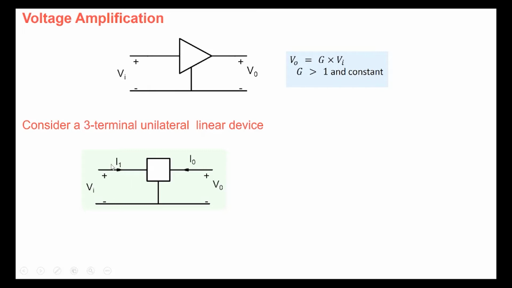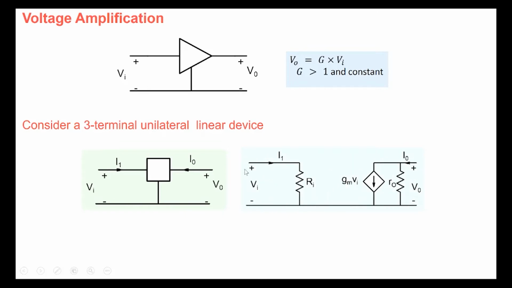We have seen that this is a two-port device, and we could represent it in this particular form, an H parameter kind of representation. From the output side, we are representing it as Gm Vi times R0 here. And from the input side, we are representing it as simply a resistor.